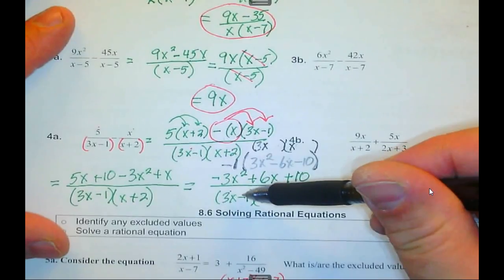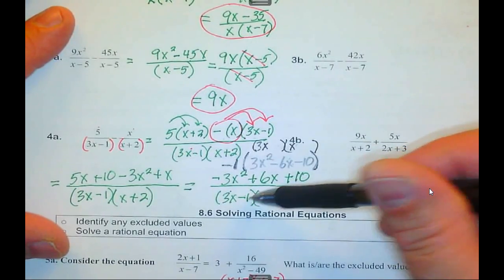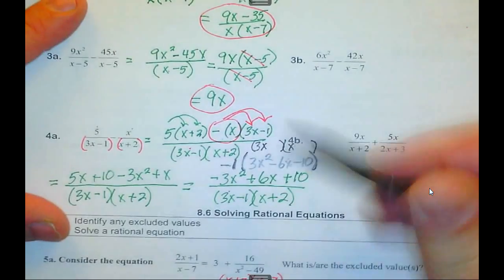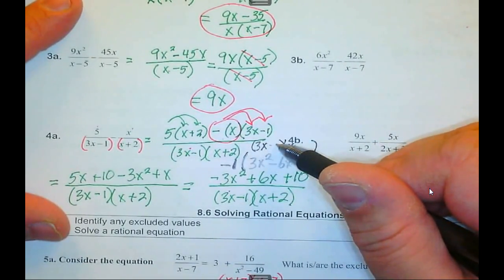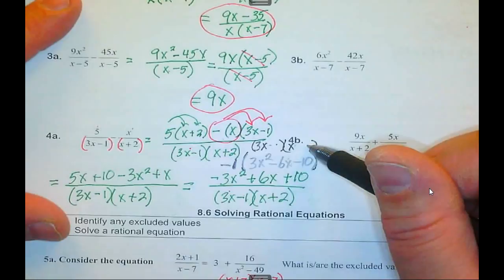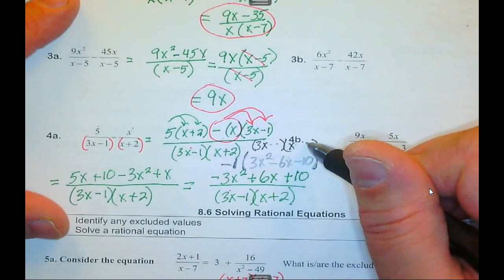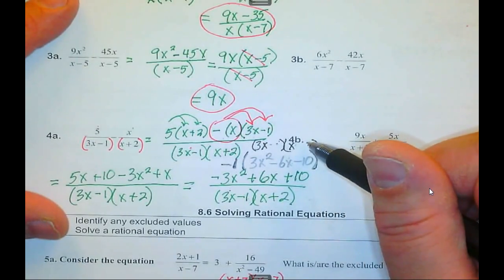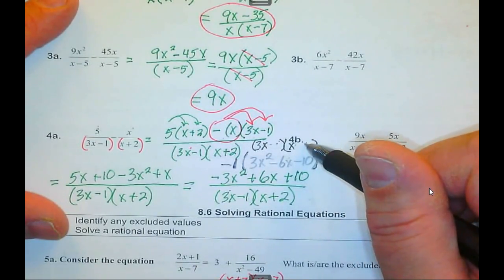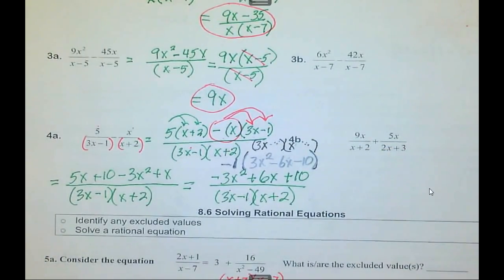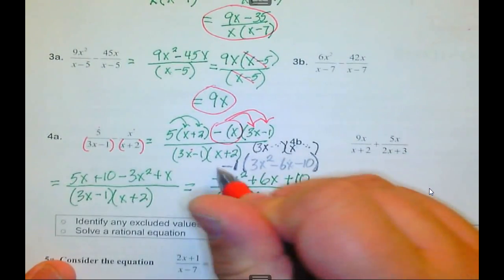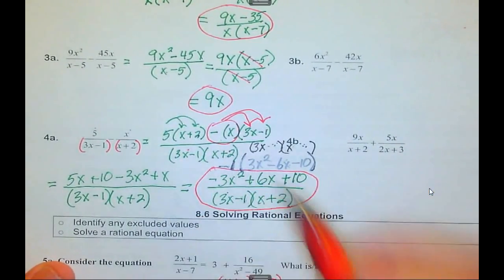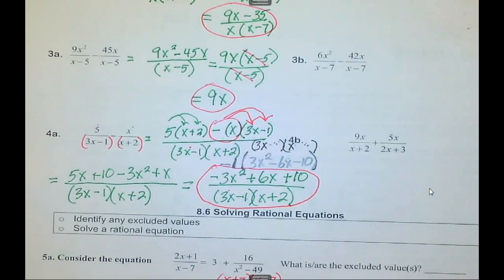I'm going to see if a minus 1 will work there. If I put a 10 there, nope, that's not going to work. How about a 2 and 5, nope, that's not going to work. How about a 5, 15, and 2, nope, it's not going to factor. So I'm good to go. Always make sure you at least try to factor that quadratic out.